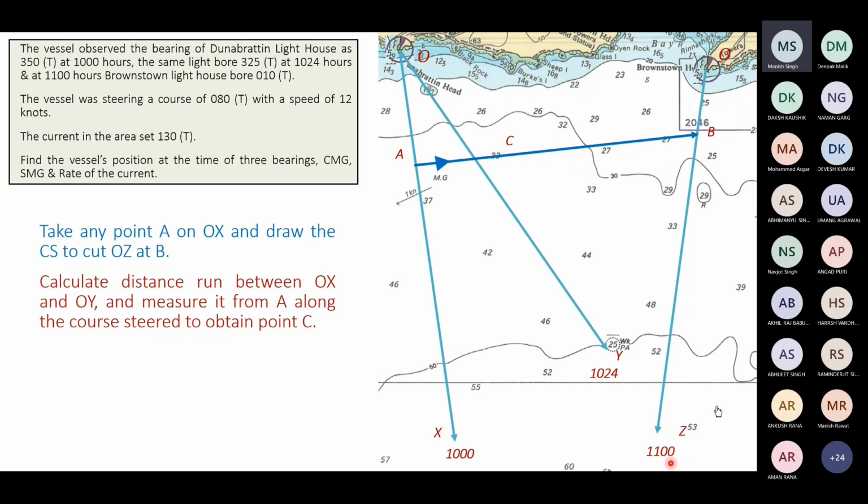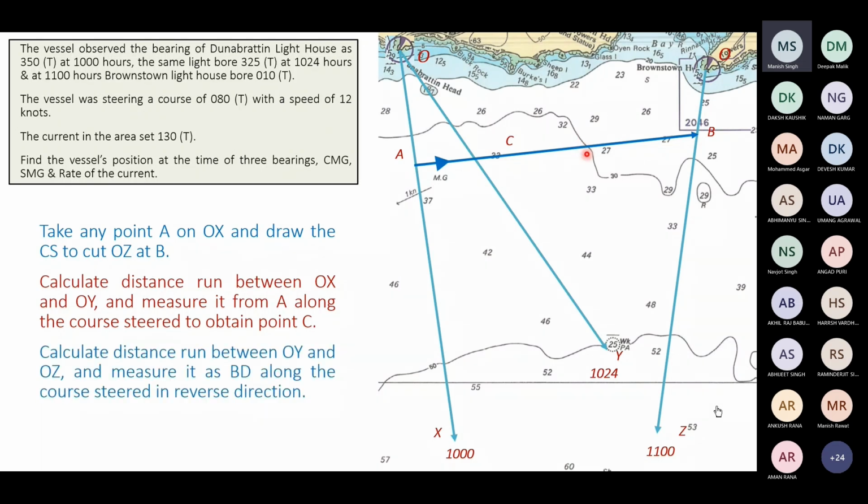I calculate my engine distance for 36 minutes, and now I will mark off this engine distance again on line AB, with reference to point B. So I open up my compass equal to the engine distance for 36 minutes, that is 1024 to 1100 hours, center my compass at point B, and mark off a point here on line AB.